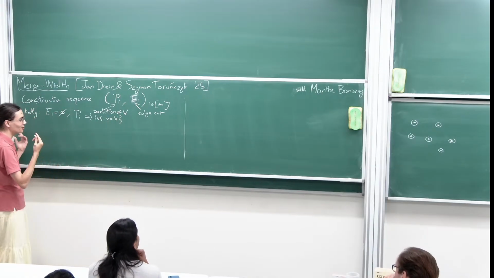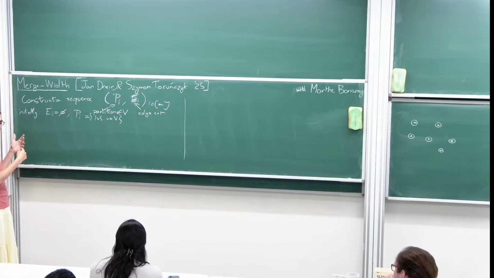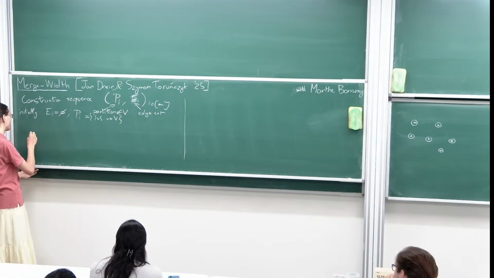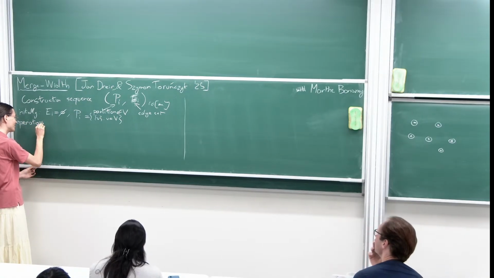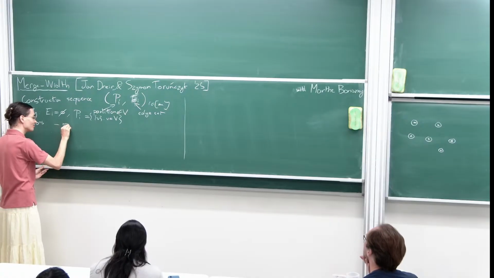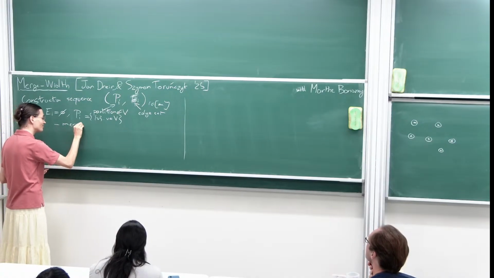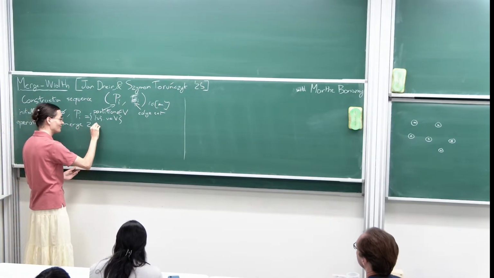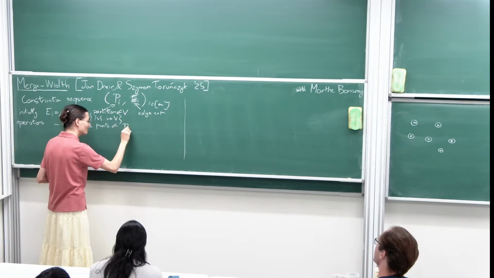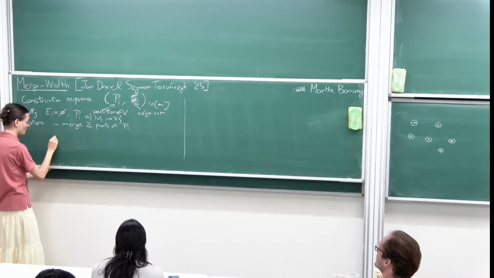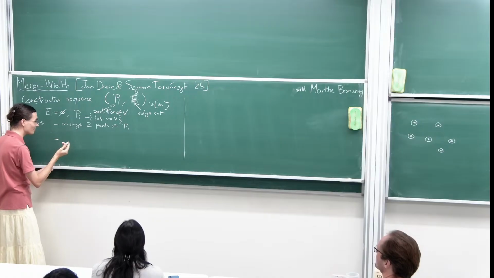Okay, and now there are two operations which allow you to go from one step to the next. The first one is to manipulate the partition. You can merge two parts. And the second will allow you to add new edges.